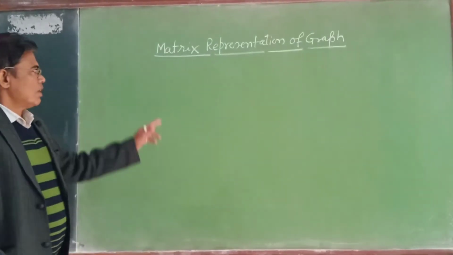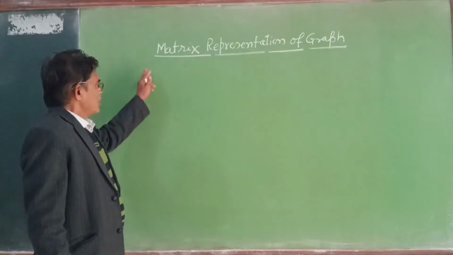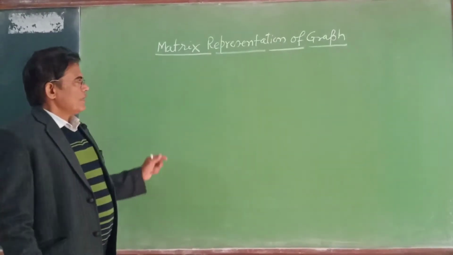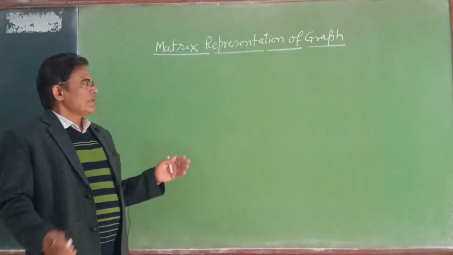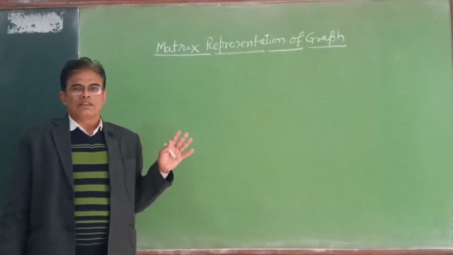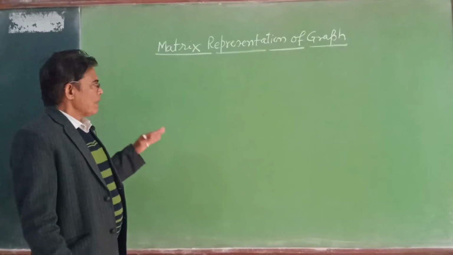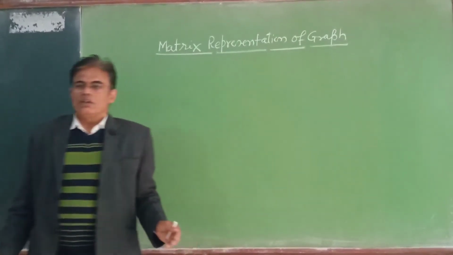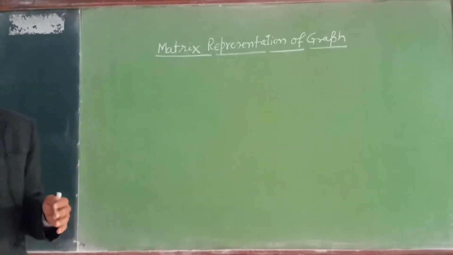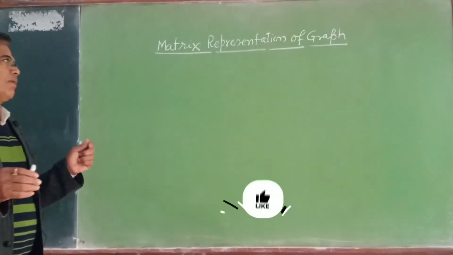So, use of graph in a computer system, because our computer knows only 0 and 1 digits. So we will explain graph in matrix form. This matrix representation of graph is very useful.